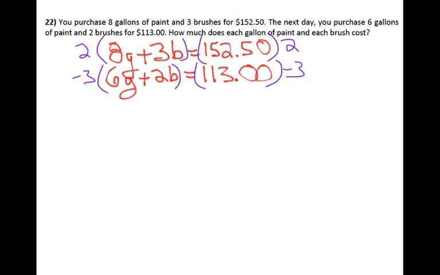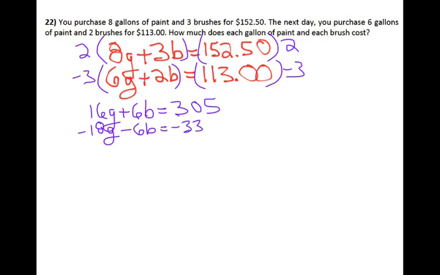So multiply the 2 through, so that would be 16G plus 6B equals, we've got to do 152.50 times 2, which would be 305. And then we multiply the -3 through, so that would be -18G minus 6B equals, 113 times -3, so that would be -339.